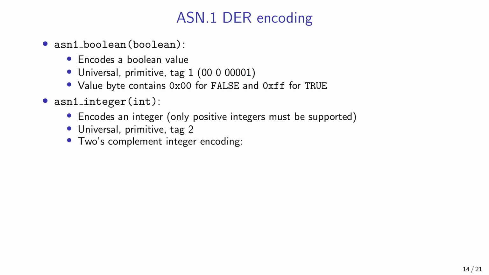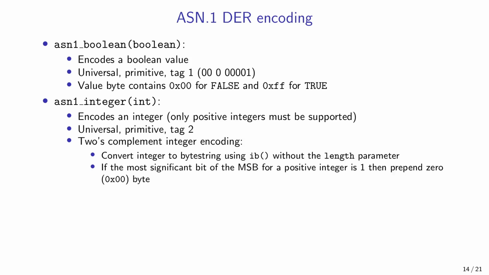The integer itself is encoded using 2's complement integer encoding, which basically means that the most significant bit encodes the sign, indicates whether the value is negative or positive. What you should do is first convert the integer to byte string using the IB method without the length parameter.